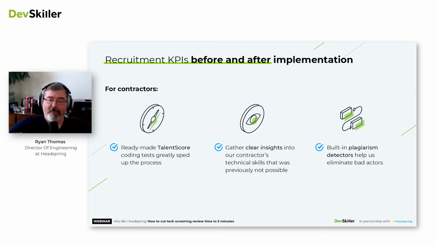But during the process of our evaluation of DevSkiller, we actually had a contractor candidate who we were a little bit sketchy and dodgy about, and we asked them to do our old school FizzBuzz exercise, because we were gauging this candidate at a very junior level, and so I wanted to get a feel for their technical acumen. Well, when they submitted their FizzBuzz exercise to us, again, that older exercise that we're used to seeing, it ticked all the boxes.